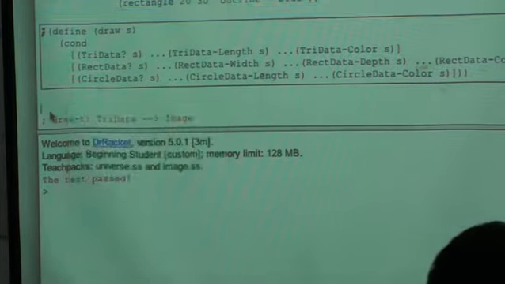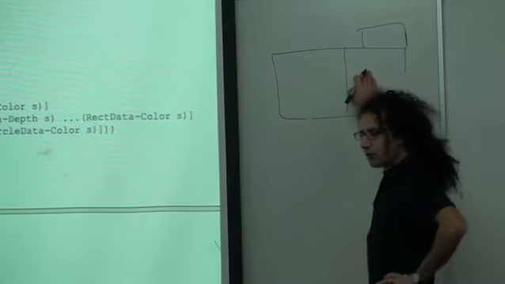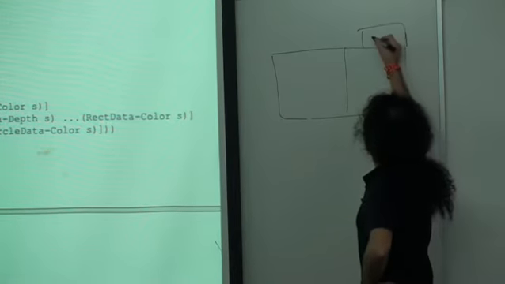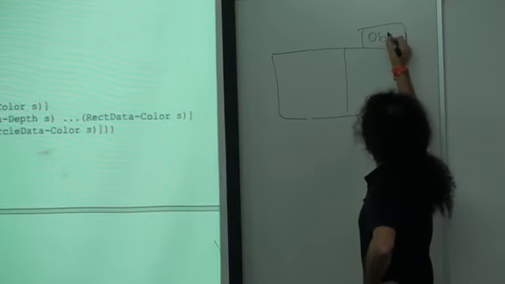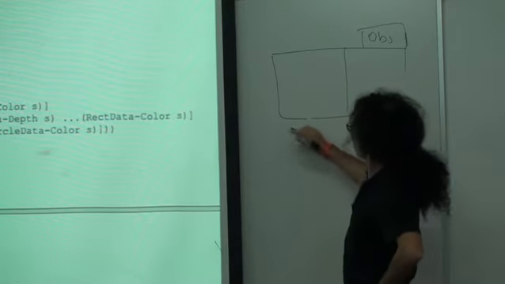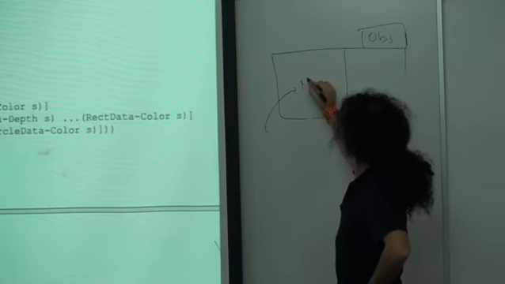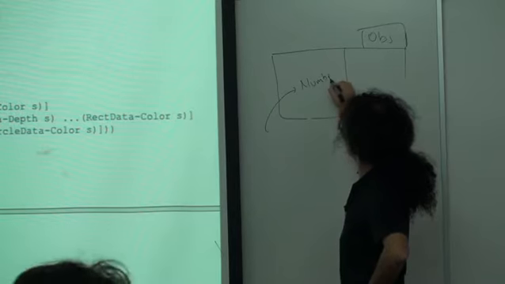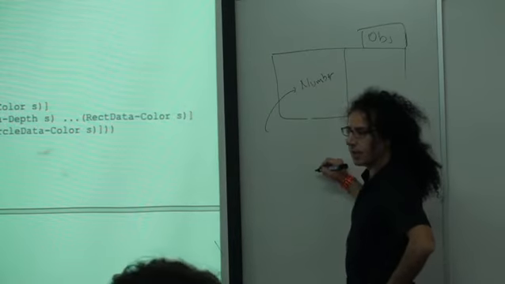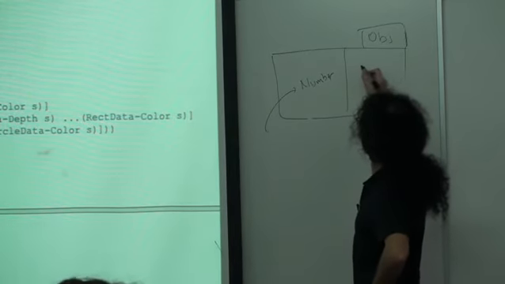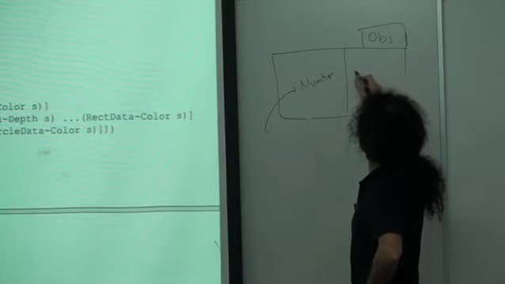Okay, now I'm going to have an object again. In this object, I'm going to put a number in this compartment. And I say, okay, I want to put another object here.